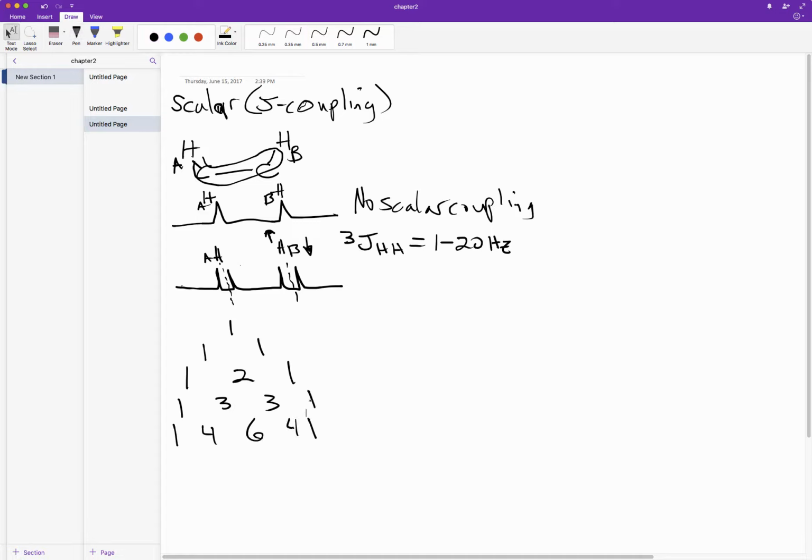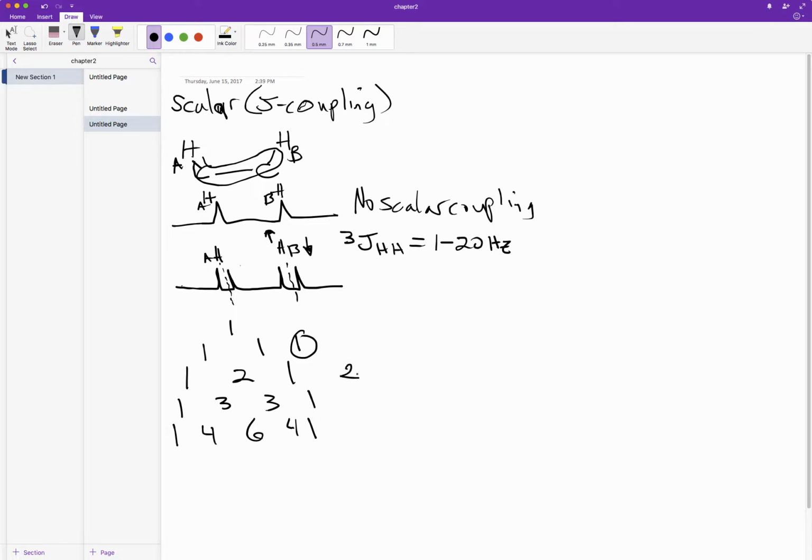And so if there is one neighbor that's causing the splitting, then you would see 2 peaks of equal intensity, 1 and 1.